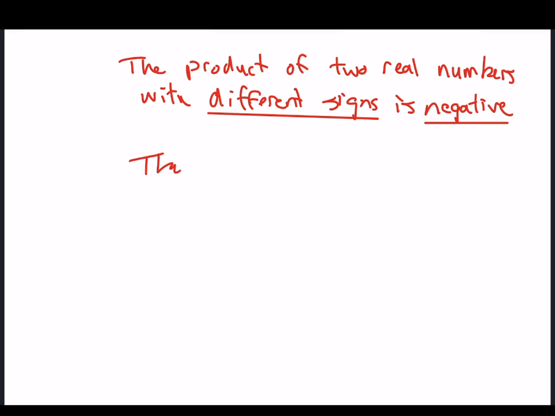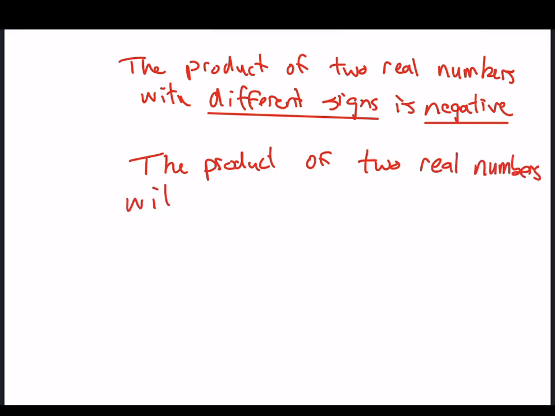The product of two real numbers with the same sign, in other words, either both positive or both negative, gives us a positive number.